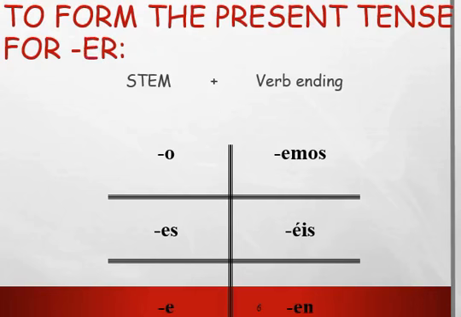For ER verbs, these endings are O, es, e, emos, éis, and en. And for IR verbs, you've got O, es, e, imos, ís, and en.